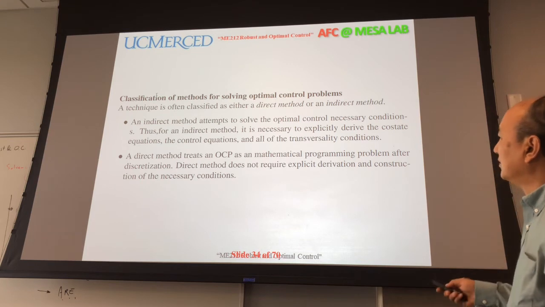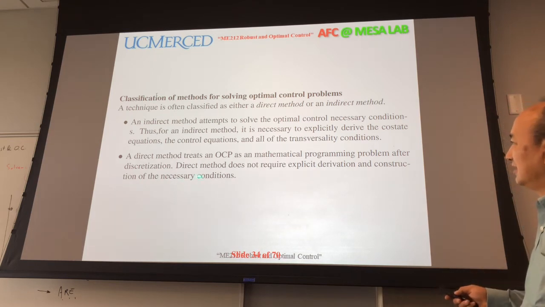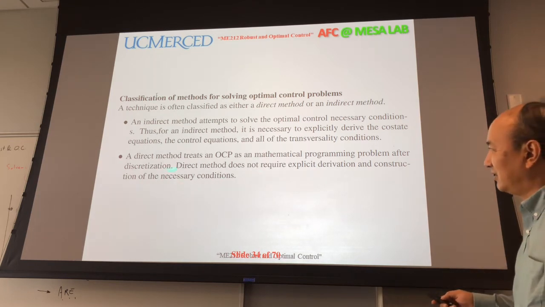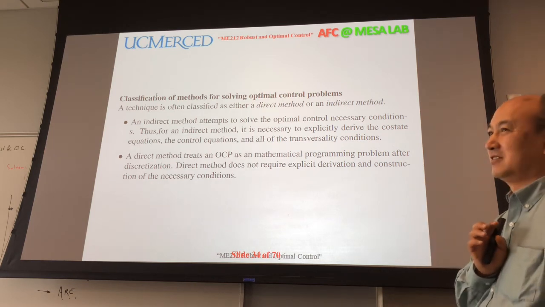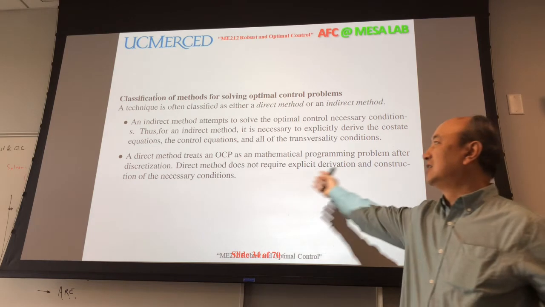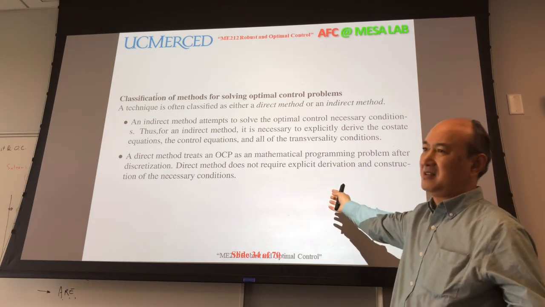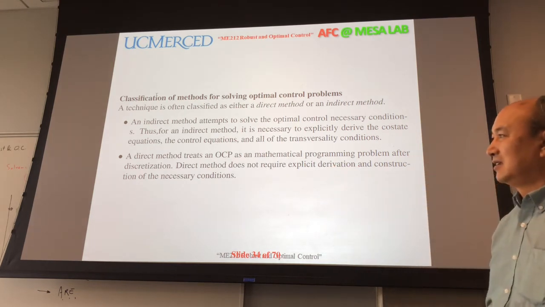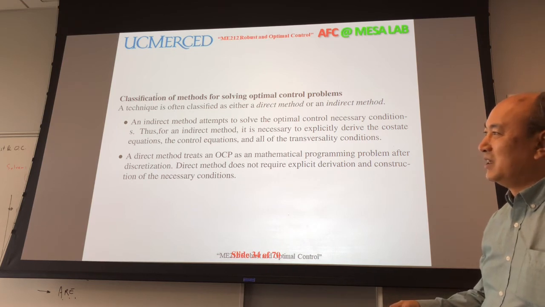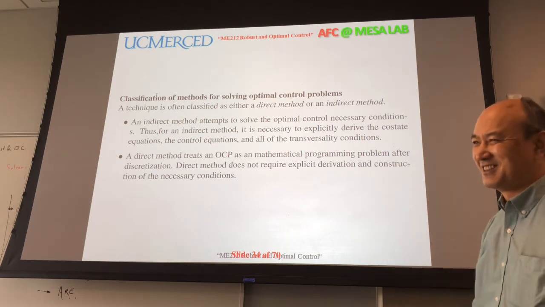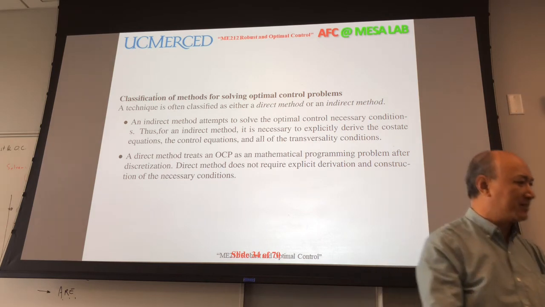So you don't even need to derive all the costate necessary conditions, but this is very inefficient. And the discretization has to be very dense. Think about u(t), then you put like a million points to search. It's not very nice.